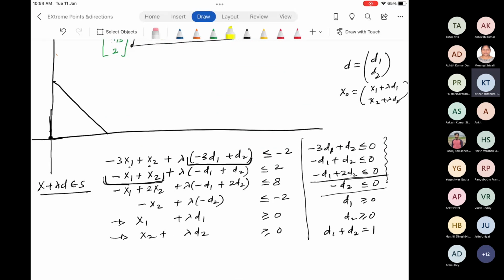Excuse me, sir. I'm confused about d1 and d2. They are both extreme vectors. What are directions? d1 and d2 are directions. Are directions vectors or scalars? So, sir, d is a vector, or d1 and d2 both are vectors? d is a vector. d1 and d2 are the components of it, right? Okay, sir.